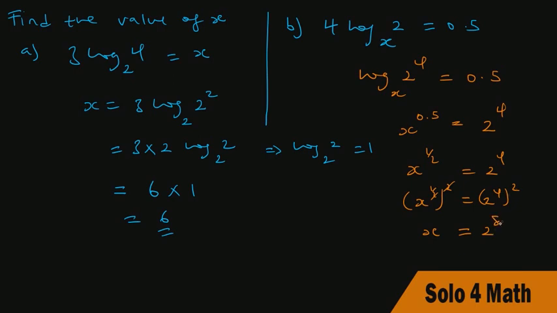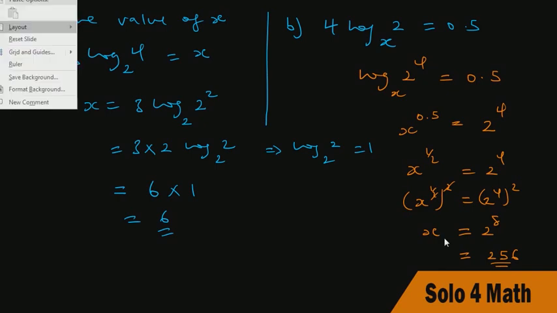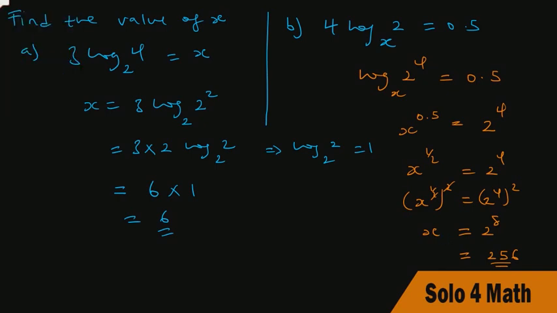So you have 2 to the power 8, which is 256. So that is how you can solve for x using logarithms. We shall look at other numbers when we start change of base in our next lesson. But for now, let's look at maybe the last example.